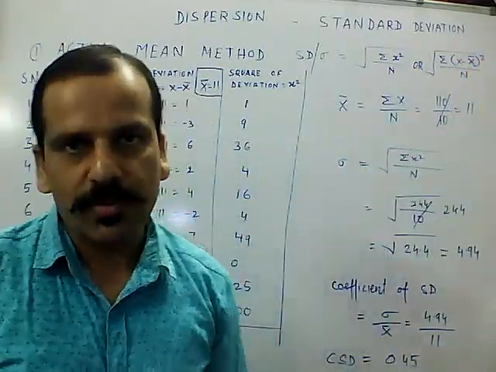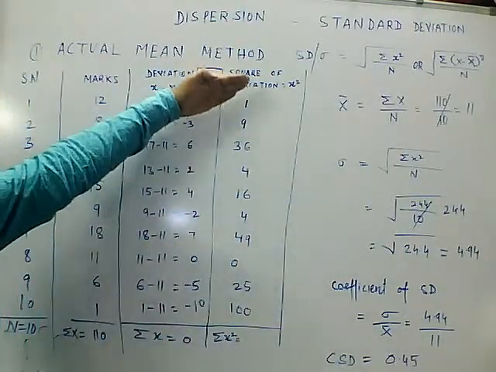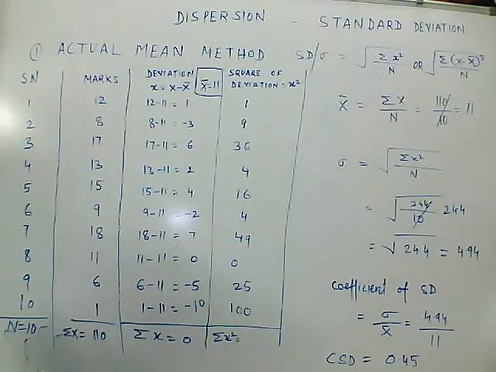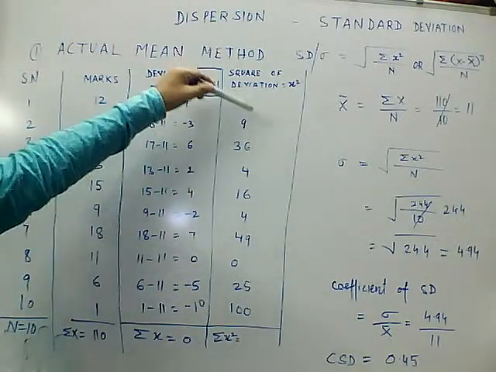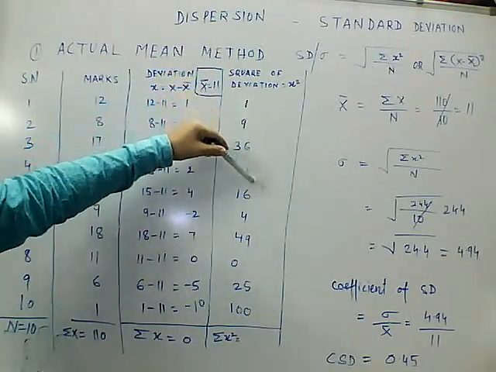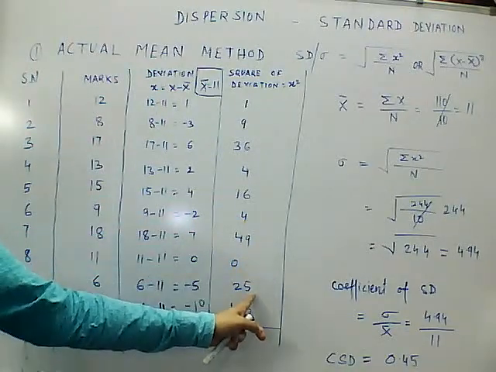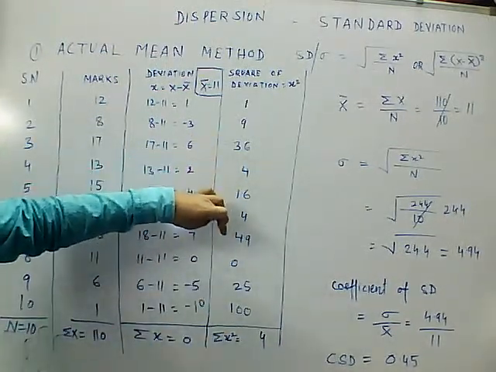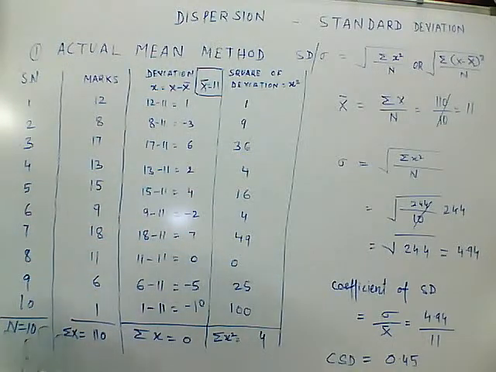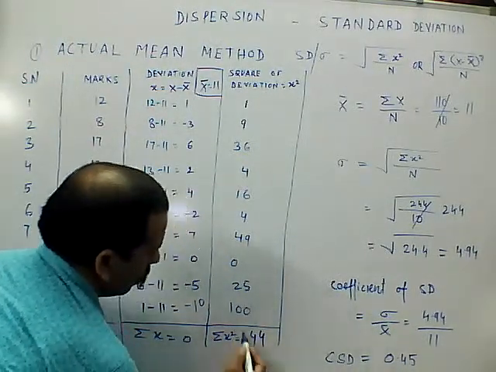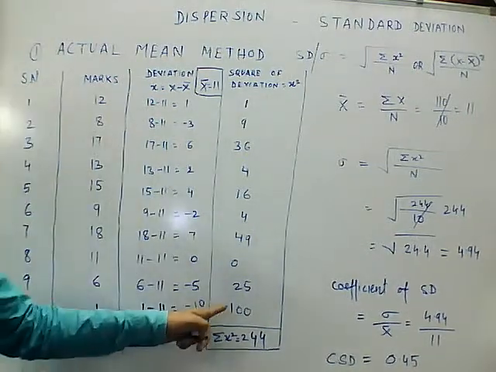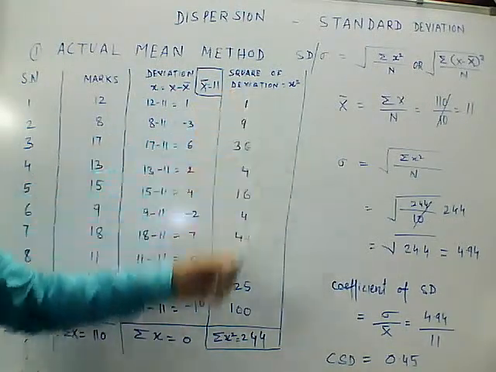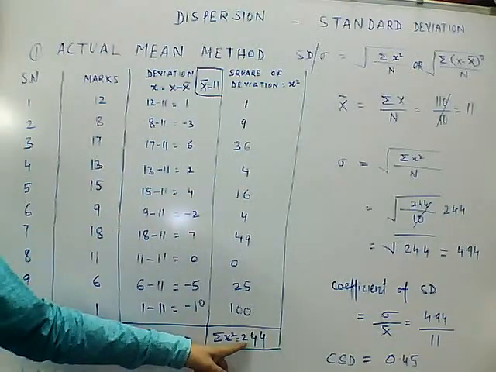Now the total of 1, 9, 36, 4, 16, 4, 49, 25 and 100 would be equal to 1, 9, 10, 20, 30, then 39, and 5, 44, and 1 plus 1, 2. So 244. The sum of square of deviation is 244.